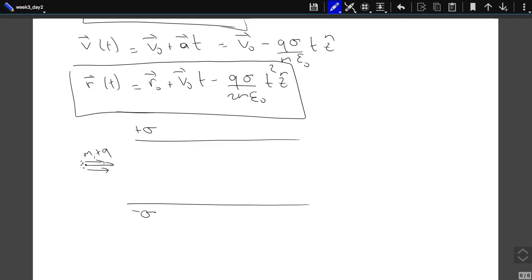The ones that go slow will follow this trajectory. The ones that go faster will follow this trajectory. This is the slow one. This is the faster one. The ones that go even faster will follow this trajectory.